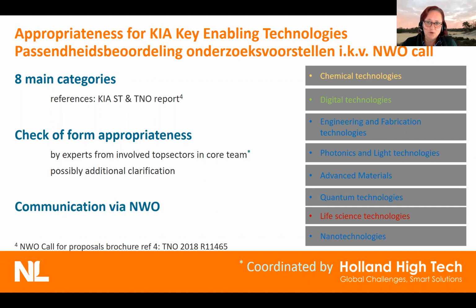NWO has provided you on their financing page with a form, appropriateness, and this form will ask you to check a box of which category your proposal has the best fit with.